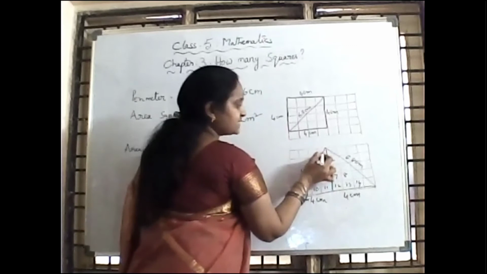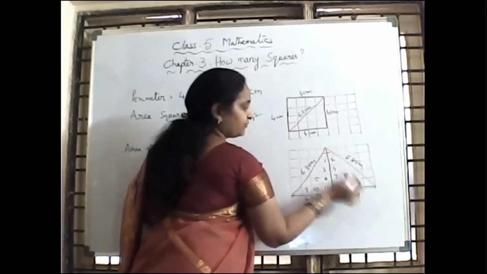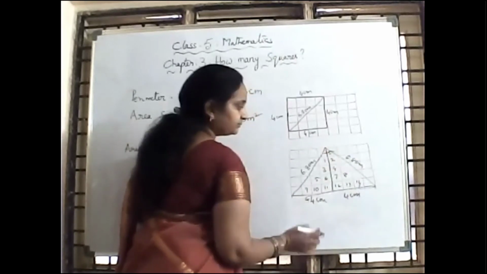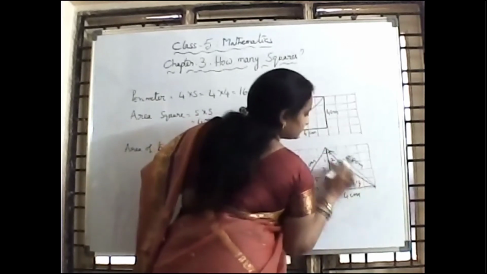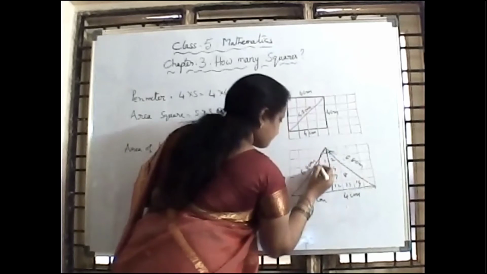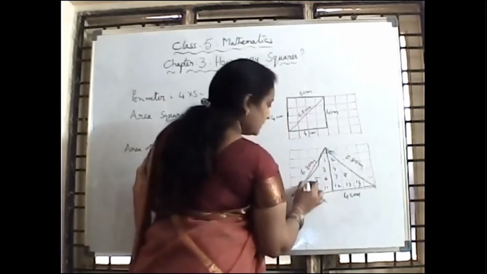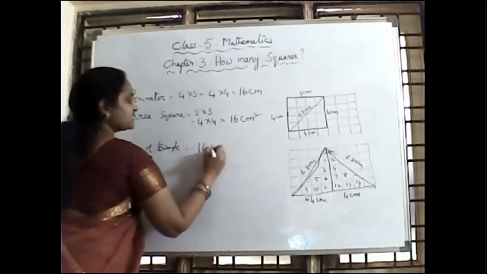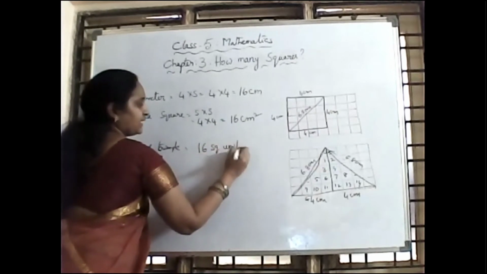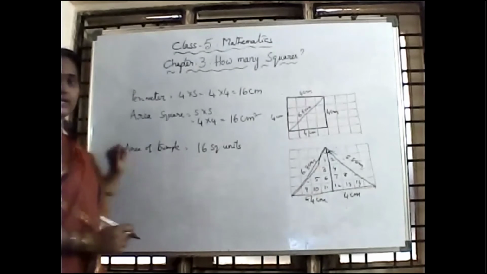Here it is half, both 14, 15. And here both half, 16. So the area of the triangle is 16 square units.